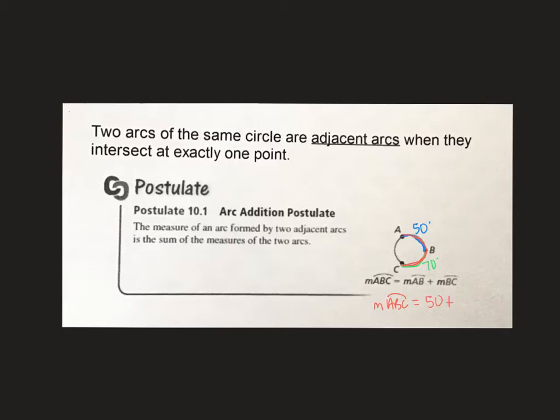The measure of arc BC is 70. So that whole arc has to be 120. So you're just adding the two pieces together.